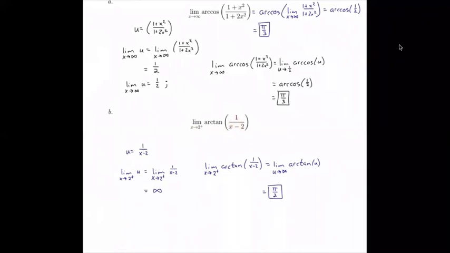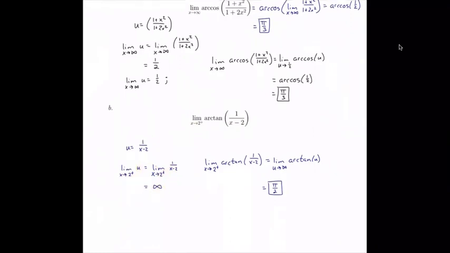So this is all written right here. The limit as x approaches 2 from the right of u, if we make this substitution, that's this expression, and that's equal to positive infinity. So as x approaches 2 from the right, u approaches positive infinity. And that's what I'll write over here.